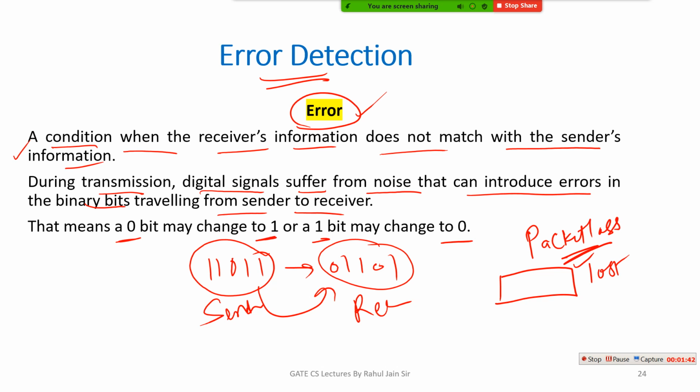Why does your packet get lost? Suppose your router is having too much load, maybe due to too many packets, due to congestion. So due to that, a packet may get lost.